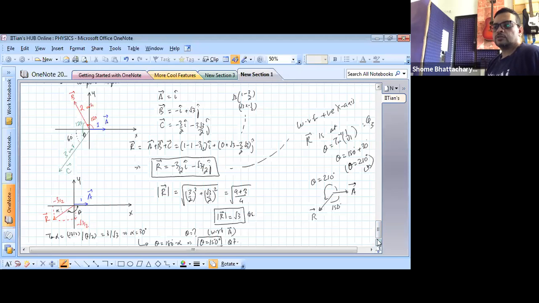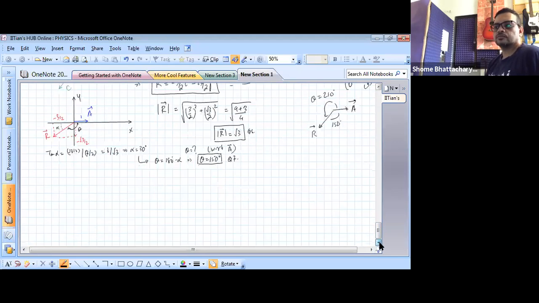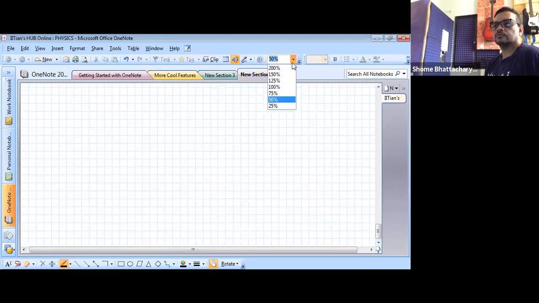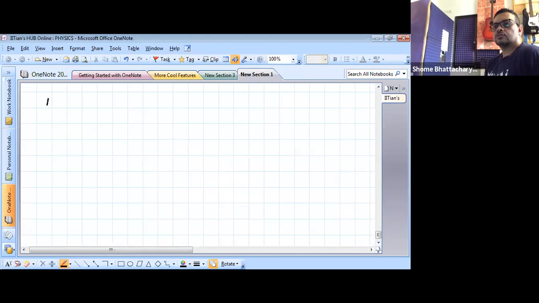Okay, now we can also do this question geometrically. Let's understand how. So second method, geometrical method.